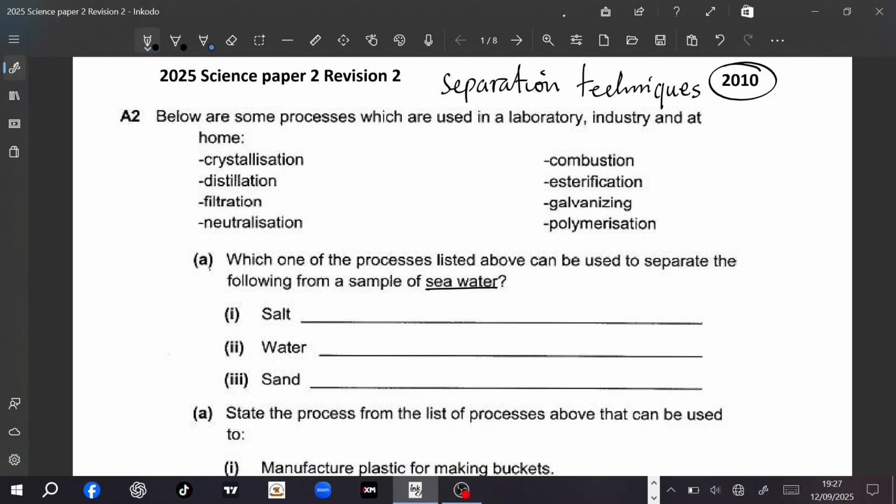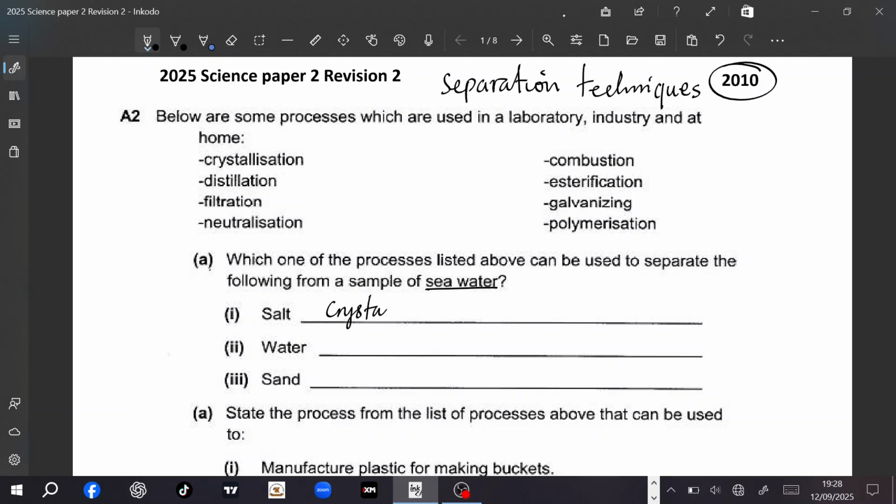For instance, we are talking of separating salt from seawater. Salt is a substance which dissolves completely in water, and therefore it is not possible to see it. Among these processes, the one which qualifies to separate salt from seawater is crystallization.